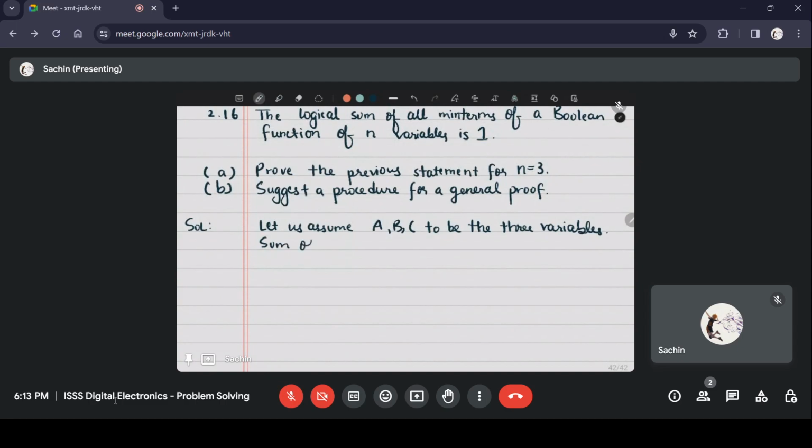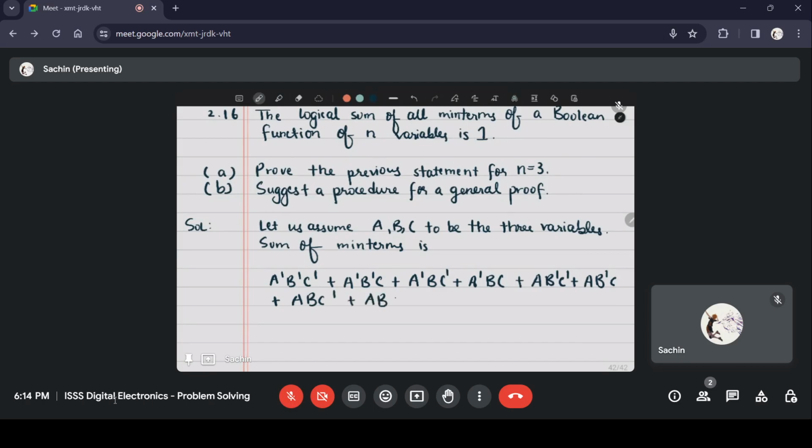The sum of minterms is A prime B prime C prime plus A prime B prime C plus A prime BC prime plus A prime BC plus A B prime C prime plus A B prime C plus A BC prime plus A BC.